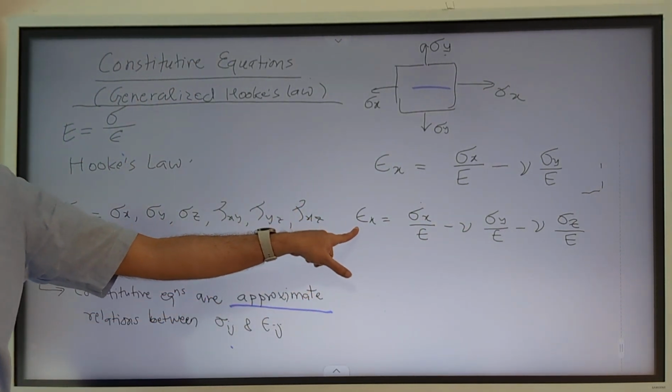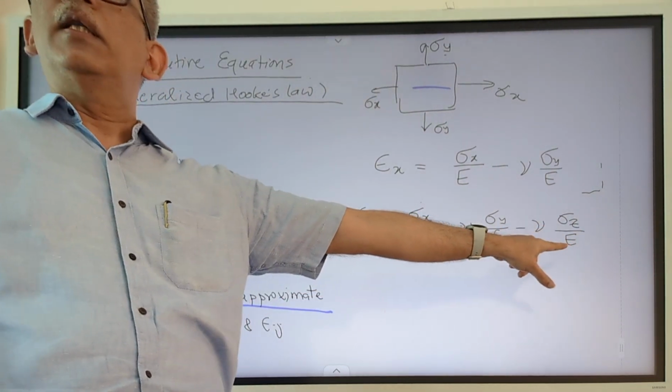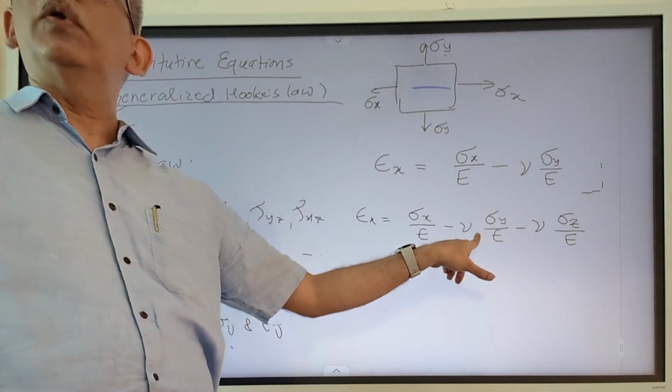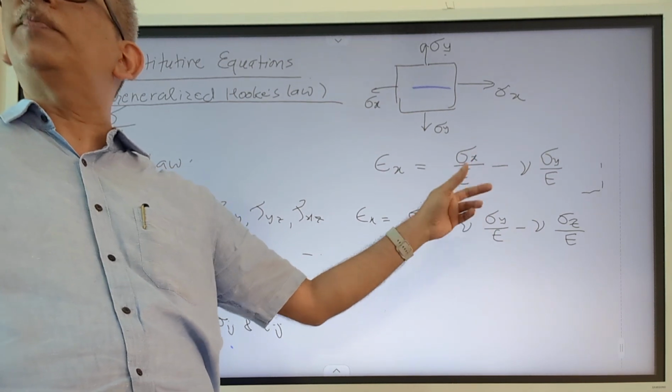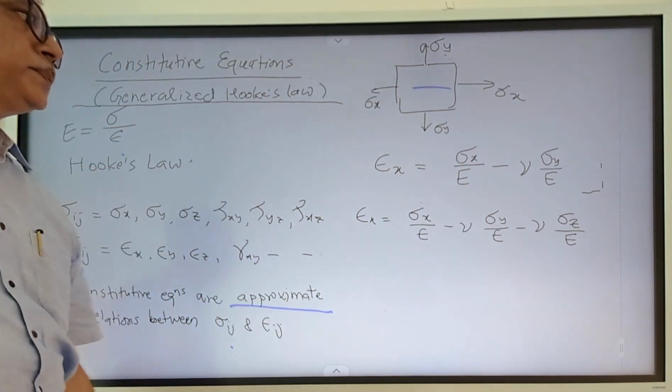Strain in x direction is given in terms of this set of equations where E and nu are the material constants. Depending on which material, these 2 components will be related.